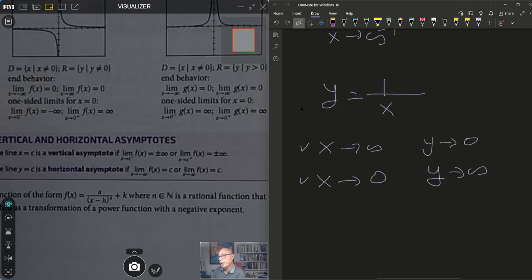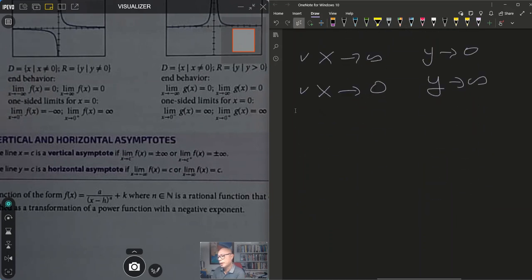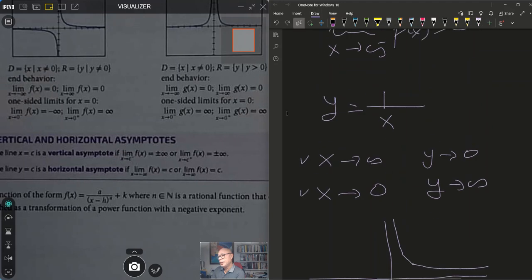When x comes from the positive side, going to 0, this is the 0 point. When x is going to 0 here, y is going to infinite, because x is positive, y is positive.